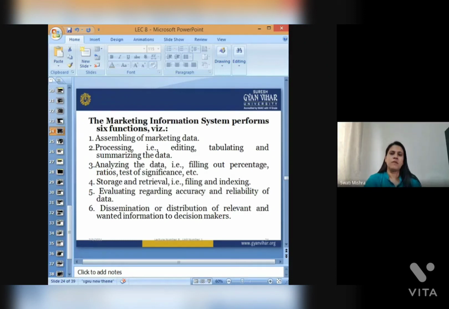So, marketing information basically performs six main functions if we talk about the functions of marketing. And they are depicted on the screen in front of you.